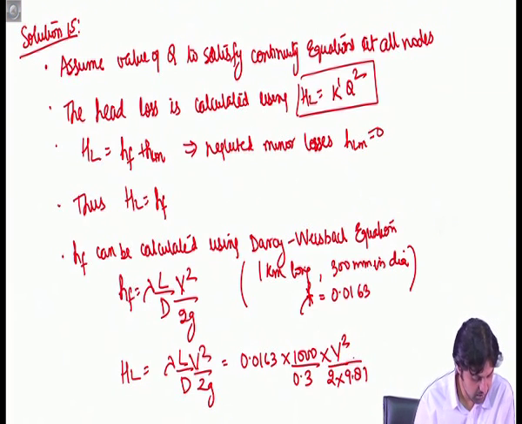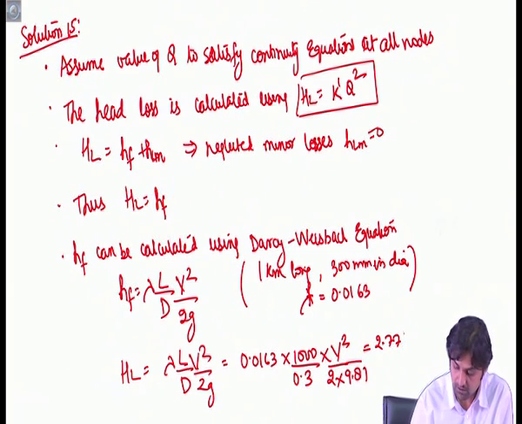All right. Now, the next step. If we do this, we are going to get 2.77 V square, the HL.